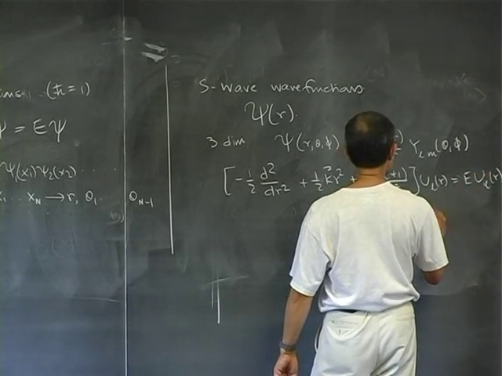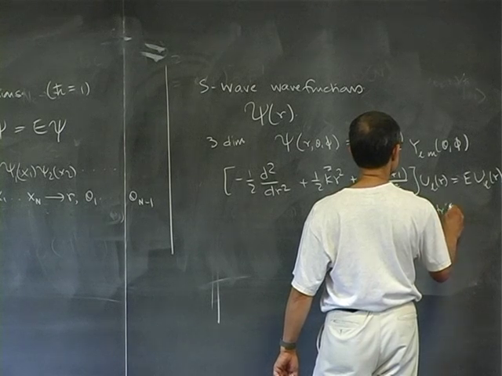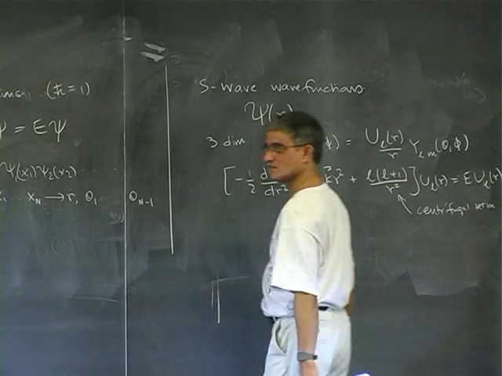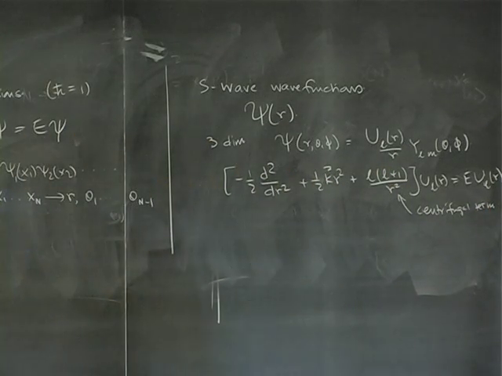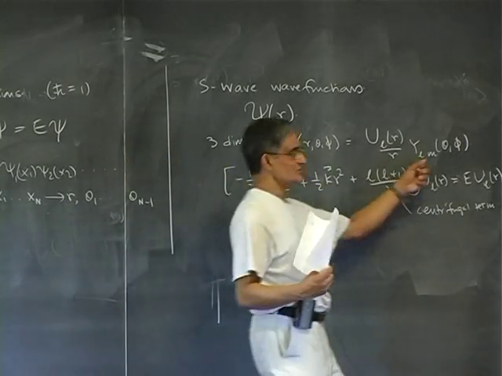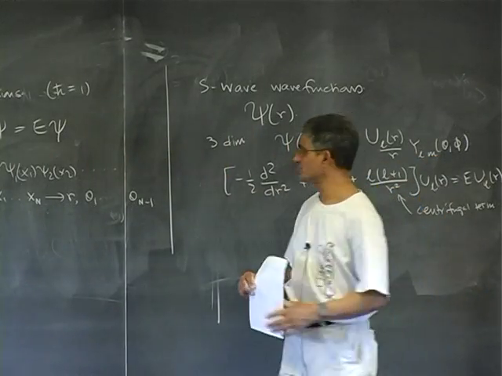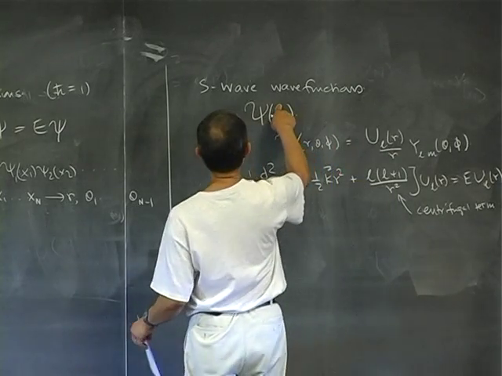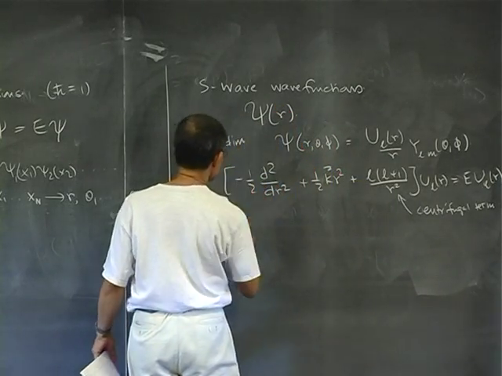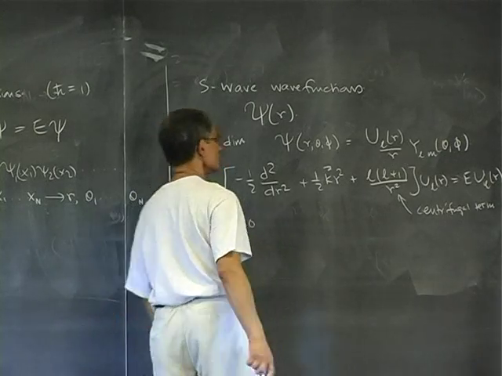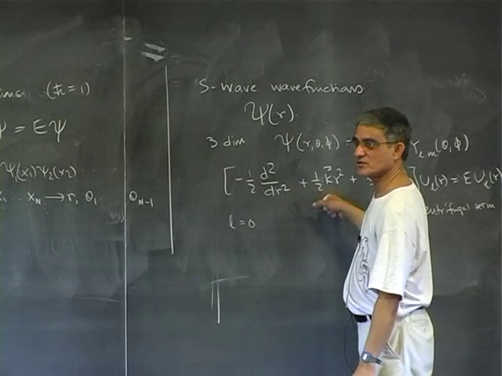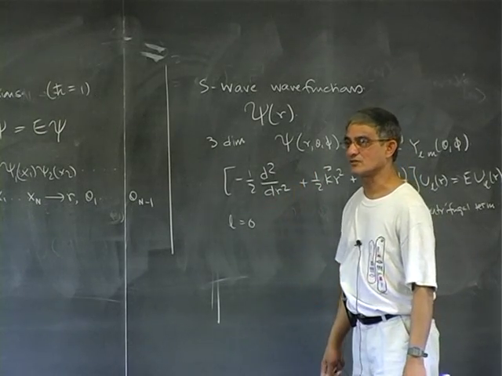This is called a centrifugal term, and it just comes from the angular momentum. L is the same L as in the spherical harmonics which are sitting here. Very good. So if I am looking for S wave functions in 3 dimensions, I put L equal to 0, and the thing becomes very simple. It just becomes this plus that, and you can just go ahead and solve the equations.